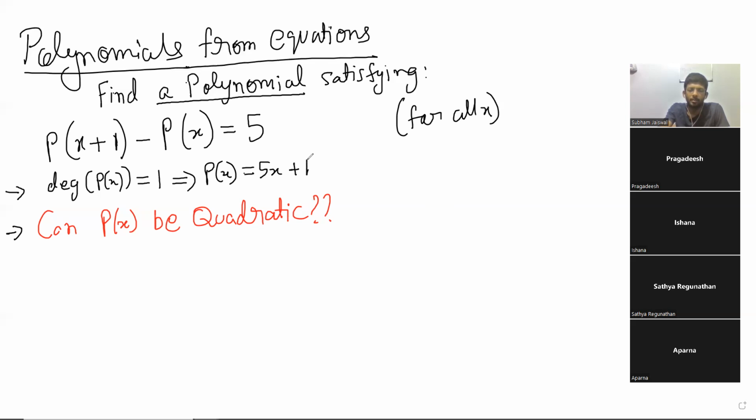Again, if you don't want to think, you can just write: if P of x is x squared plus ax plus b, then you put it in the equation and you see what you get.